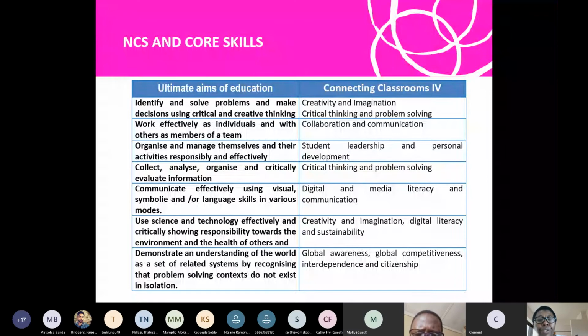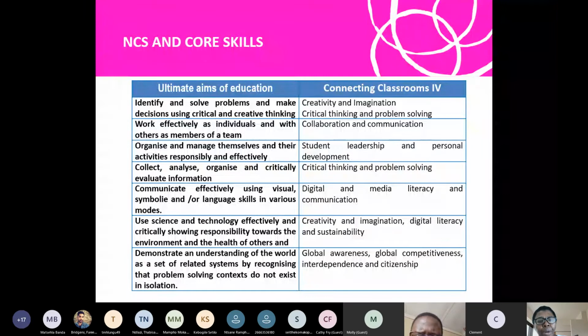Communicate effectively using visual and language skills in various modes, and that's digital and media literacy and communication. Use science and technology effectively and critically towards the environment and the health of others. That's creativity and imagination, digital literacy, and sustainability.